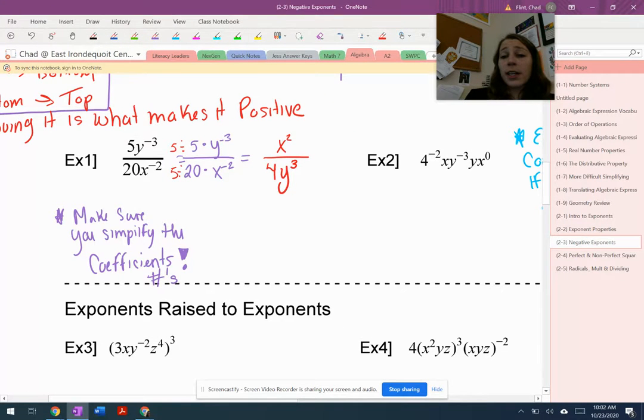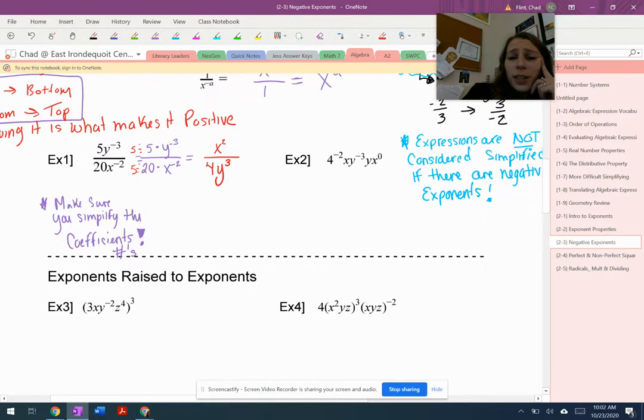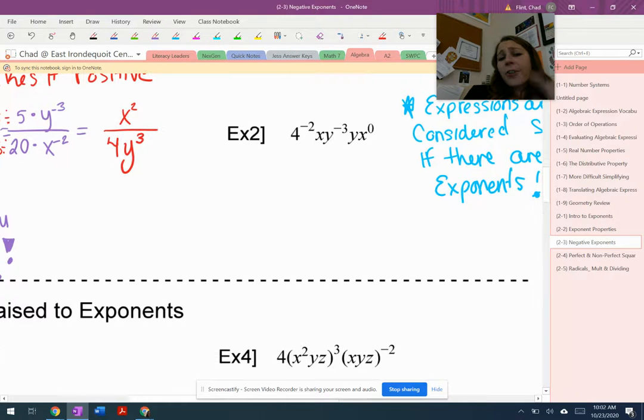Let's take a look at the second one. This one is a little weird because it's not a fraction to begin with. But remember, I can turn anything into a fraction by putting it over 1. This one's a little tricky because I have a lot of different pieces here. 4 to the negative 2 definitely has a negative exponent, and I don't want negative exponents.